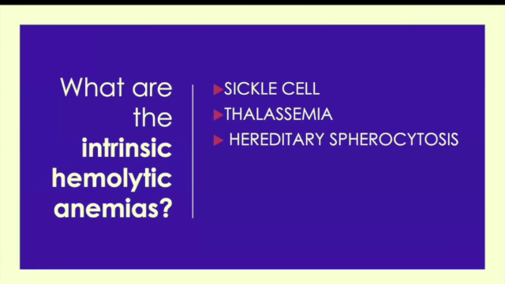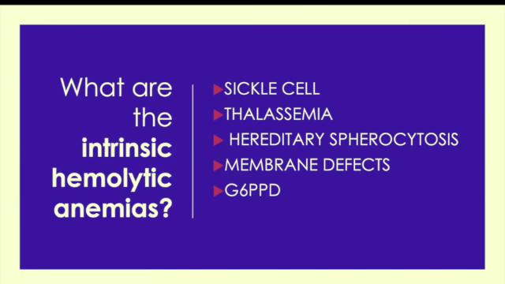There's hereditary spherocytosis, membrane defects, G6PD. So I think mostly I saw in the review books that sickle cell, thalassemia are like the big ones that we will have to know.